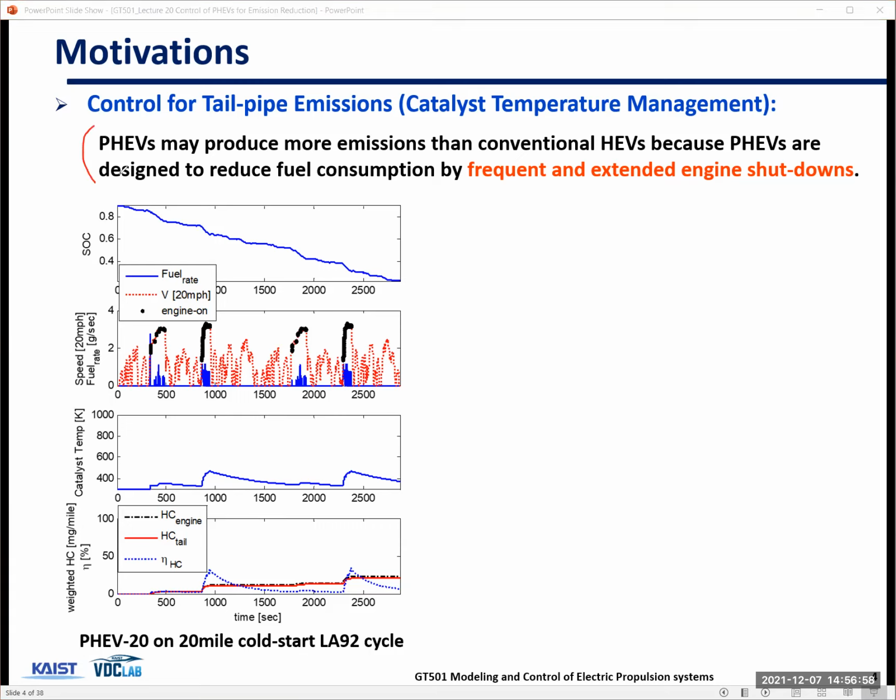PHEVs may produce more emissions than conventional HEVs because PHEVs are designed to reduce fuel consumption by frequent and extended engine shutdown. So what that means is the engine is not frequently used. The engine is rarely used.